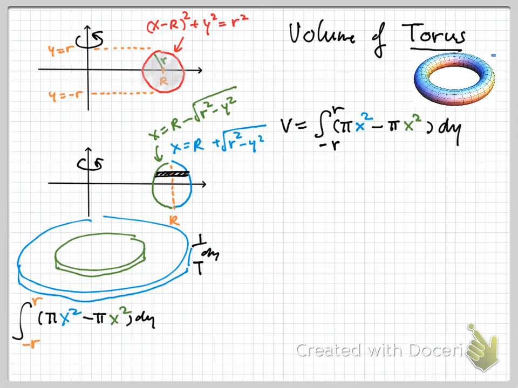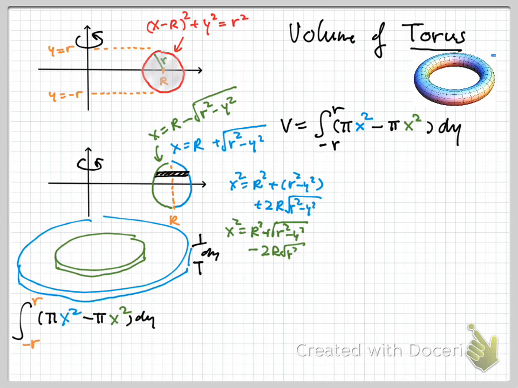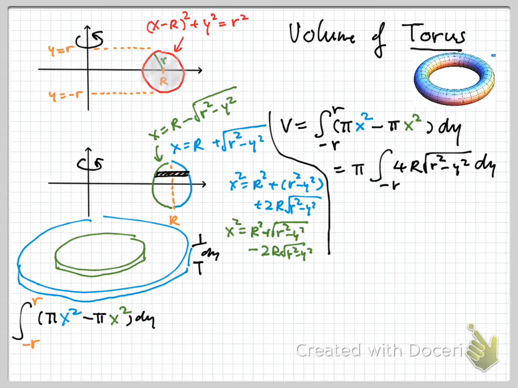The blue x squared will be R squared plus r squared minus y squared, plus twice R times the square root of r squared minus y squared. The green one will be R squared plus r squared minus y squared, minus 2R times the square root of r squared minus y squared. So if you subtract the green from the blue, most of the terms cancel. You end up with pi times 4 times R times the square root of r squared minus y squared. Only that remains.